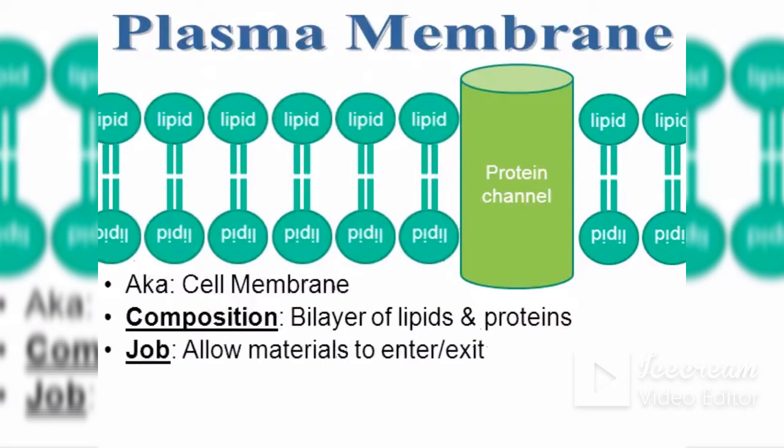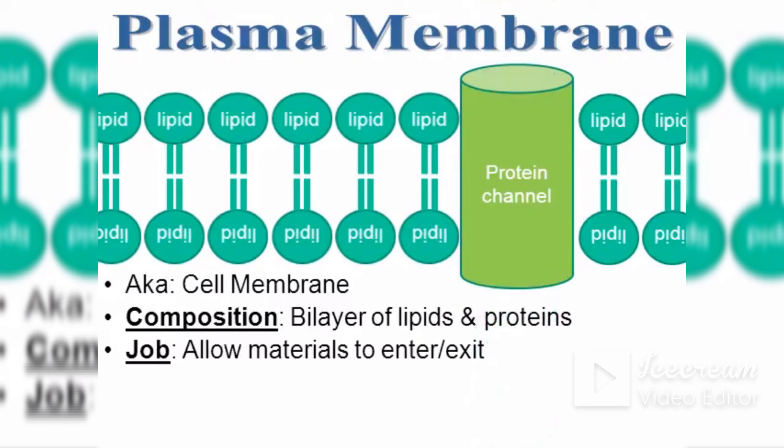Well, the job of the plasma membrane is to allow materials to pass, to enter and exit. You know, small molecules like water and oxygen, H2O for water, O2 for oxygen, small molecules like this can simply pass through the lipid bilayer. However, larger molecules like glucose have to pass through these protein channels, and that's what you see happening in the animation.